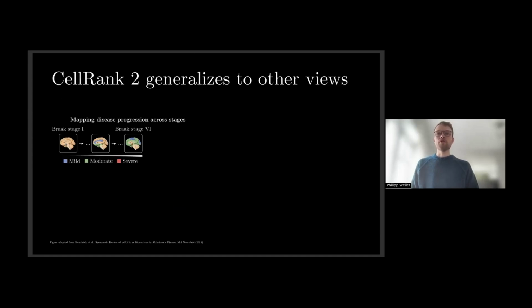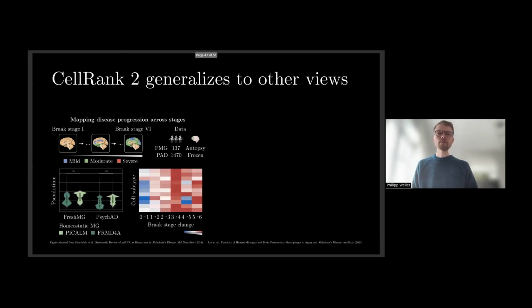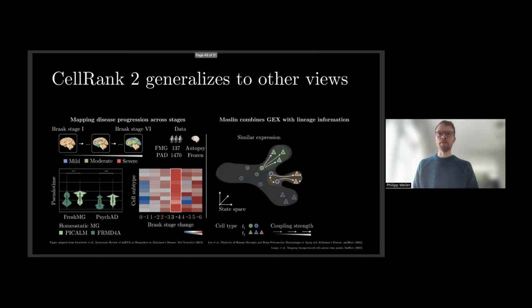Now, I just want to briefly show that our concept also generalizes to new views. So, for example, we applied our concept to study Alzheimer's disease, and we could show that a specific cell type is more prevalent and relevant for later stages of Alzheimer's disease. And we could also show that as disease progresses, the biggest jump in disease severity seems to appear between stages 3 and 4, which was also confirmed by pathologists.